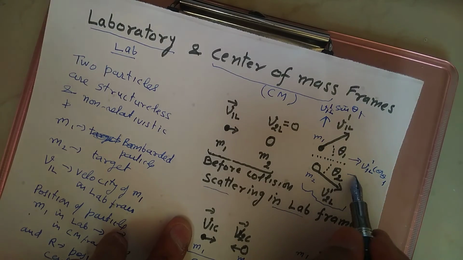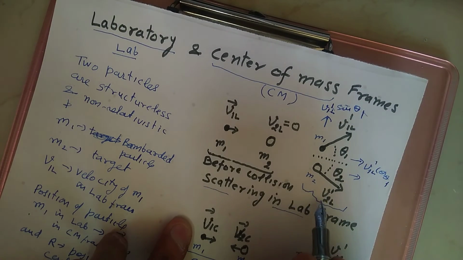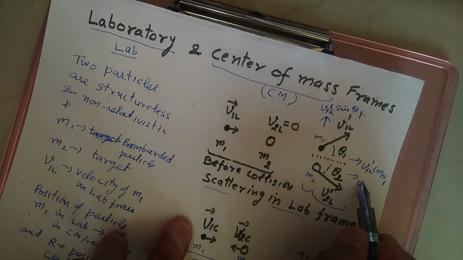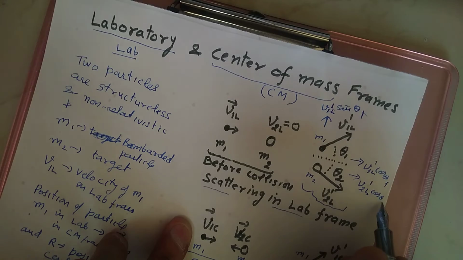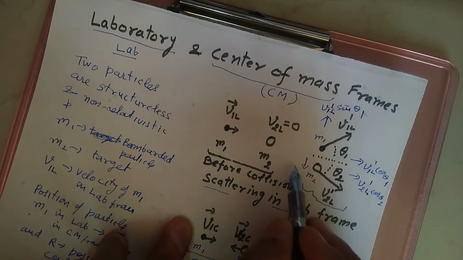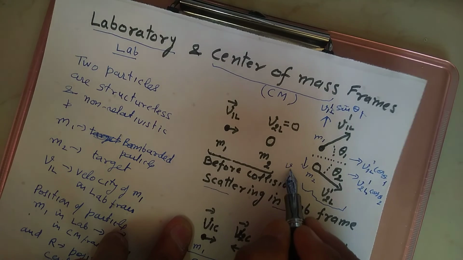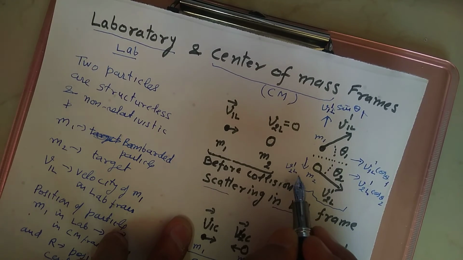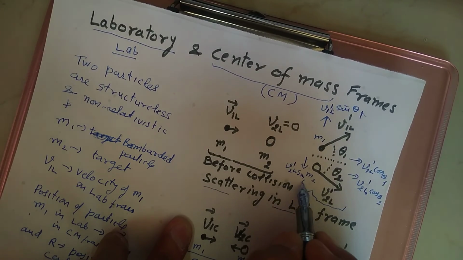Similarly here for the particle after scattering, the M2 particle, the component is V2L prime cos theta 2, and the other component is V2L prime sin theta 2.